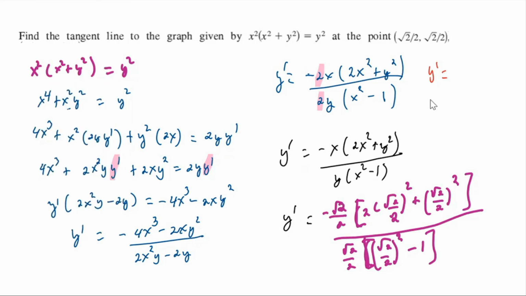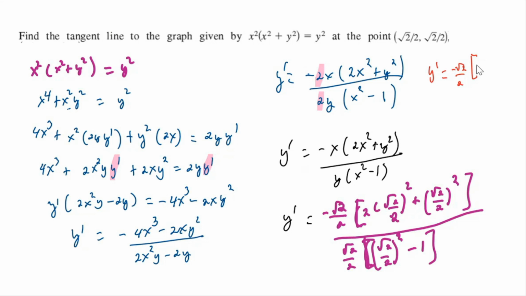So let us simplify. We can write here first negative square root of 2 over 2 and simplify inside the bracket. So this will be 2 times the square of the square root of 2, which is just 2.